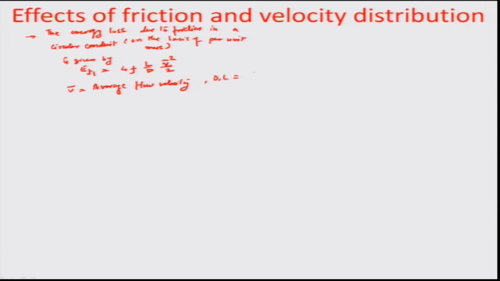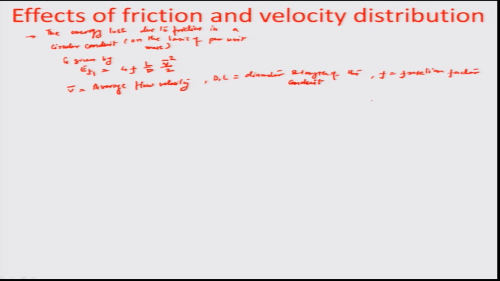capital D and capital L are the diameter and length of the conduit which is in question. So, I will just write down diameter and length of the conduit, and f of course is the friction factor. And in fact, it is variable based on if the flow is laminar or transitional or turbulent.